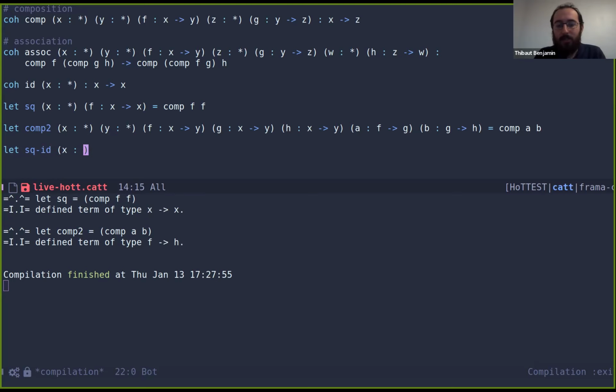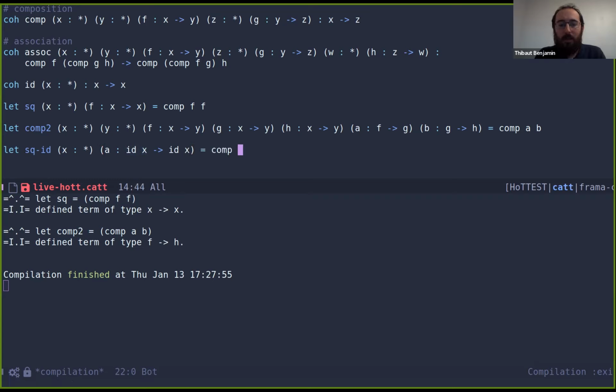I take X, which is an object, and now I take, let's say, A, which goes from the identity of X to the identity of X. So A is now a cell whose source and target are themselves constructed terms, not mere variables. It's a cell above the identity of X.